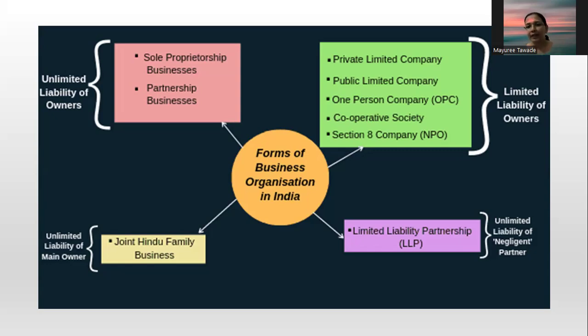For a private limited company, many definitions are given, and it is explained in detail in the Companies Act 2013 as well as in 1956. So, I'll let you know the basic features and characteristics of a private limited company. When forming any kind of private limited company, a minimum of two members are needed.